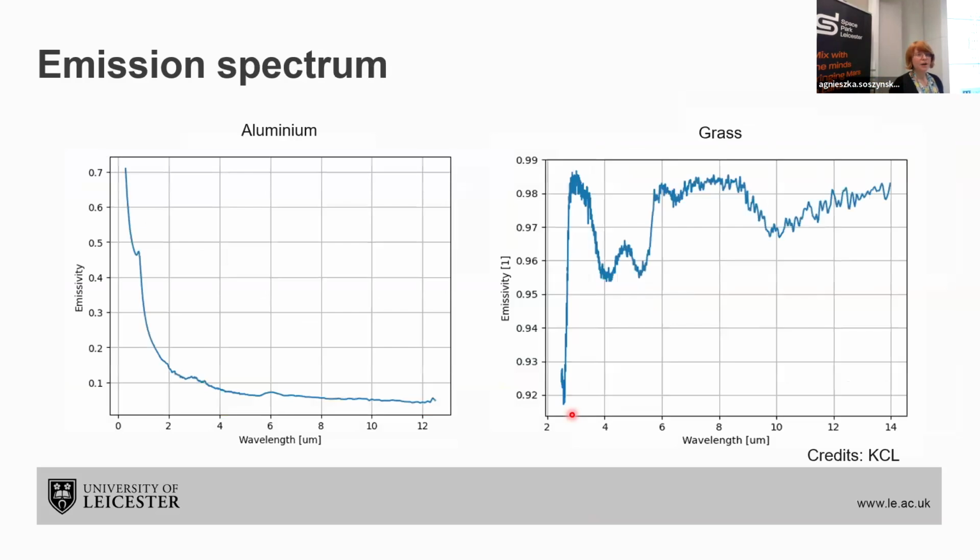Another part is what we already mentioned. Emission is a spectrum. So here on the left, you see again the same plot of aluminum, which is quite clear because the emission is very high in the visible wavelengths, and it decreases throughout the spectrum with the wavelengths. Whereas grass has a complicated spectrum. It has features. It goes up, down, and so on.